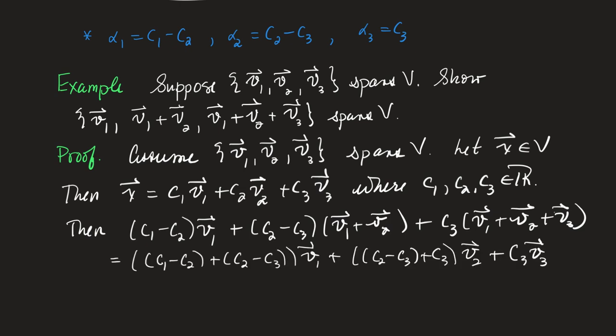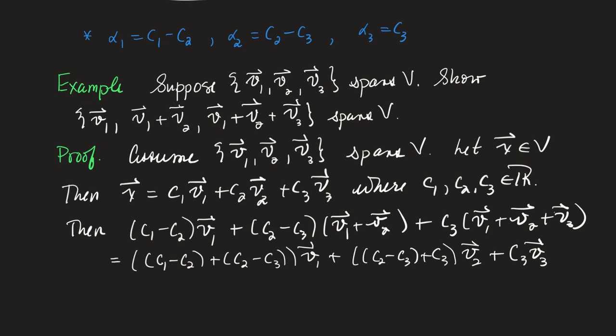I've collected like terms here. For the coefficient on V1, I have C1 minus C2 here, and I have C2 minus C3 there. That's how I got that. For V2, I have C2 minus C3 there, and a C3 there, and the last coefficient is C3 V3.